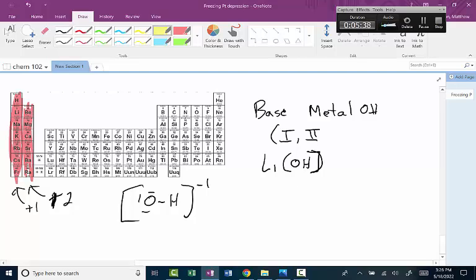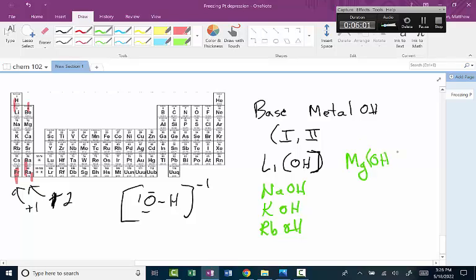Sodium, the next one down on the periodic table, would be NaOH, potassium OH, rubidium OH. These are strong bases. Magnesium hydroxide, there'll be 2 OHs. It's a strong base, but it's not soluble in water. Calcium hydroxide, strontium hydroxide, etc. Those are strong bases.